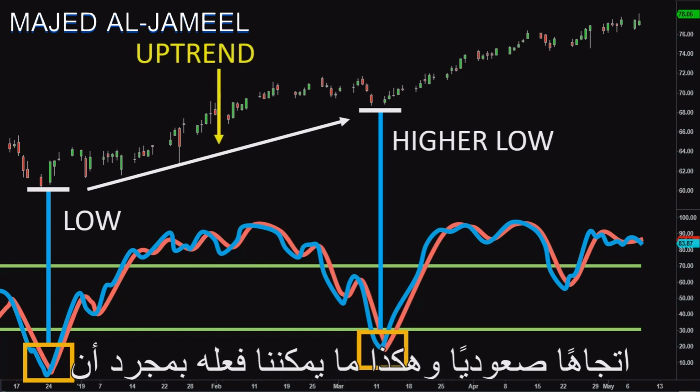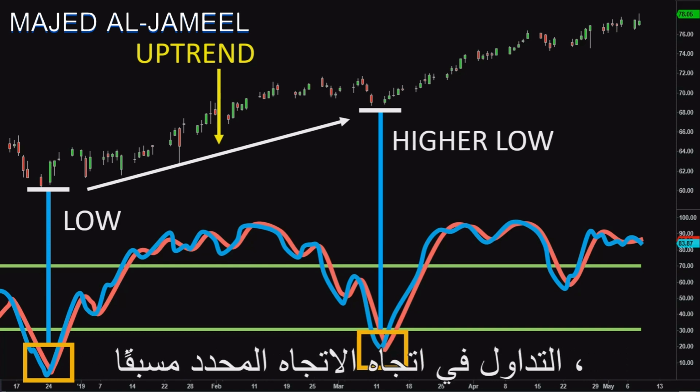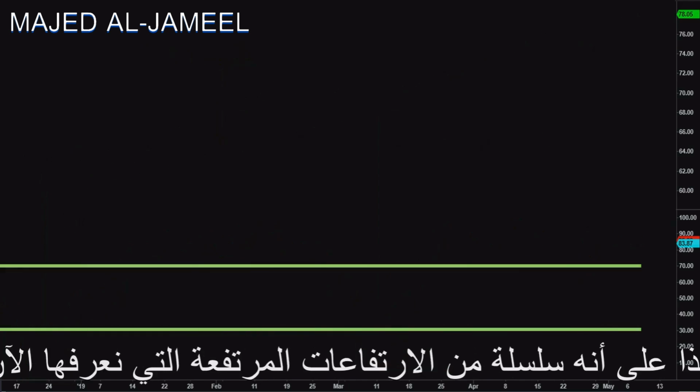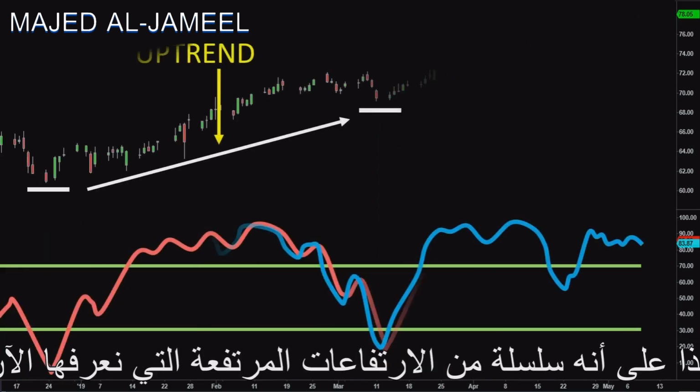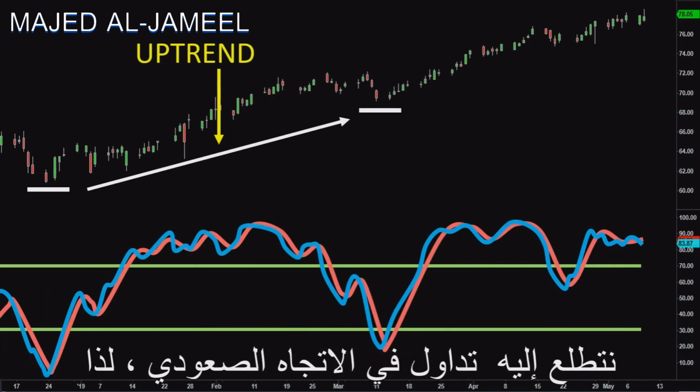And so what we can do once we have determined the trend is we can only choose to trade in the direction of the predetermined trend. So in this example, we have already determined the trend. And by looking at this as a series of higher highs, we now know, since there's an uptrend, we're looking for a trade to the upside.